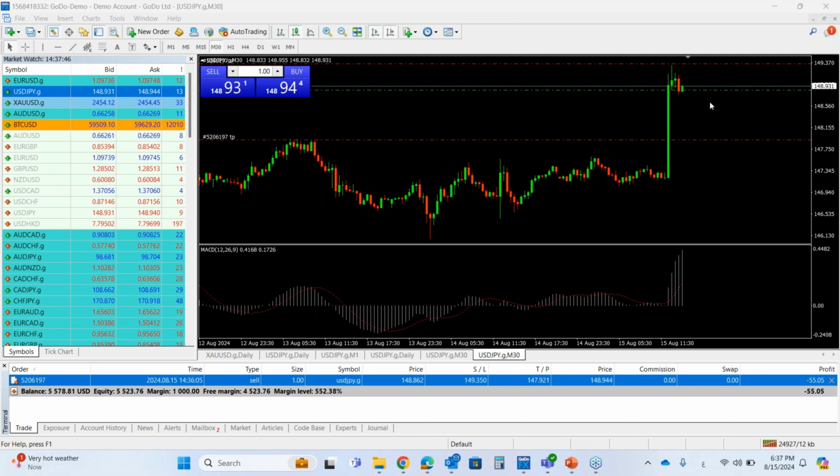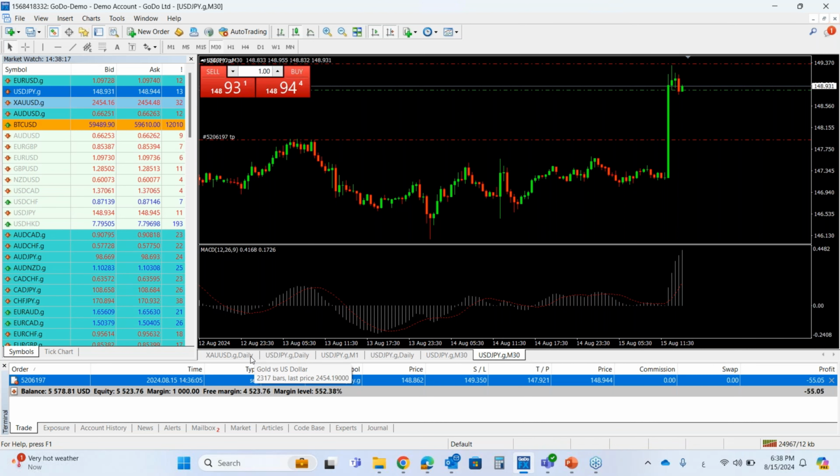But if I am now in this market, I would sell. I would make my stop loss above this swing high. And this was the area where I expect some support. It was a resistance here. It was broken. So I expect the market will go and retest this area again. So for the question about dollar yen, this is my analysis.